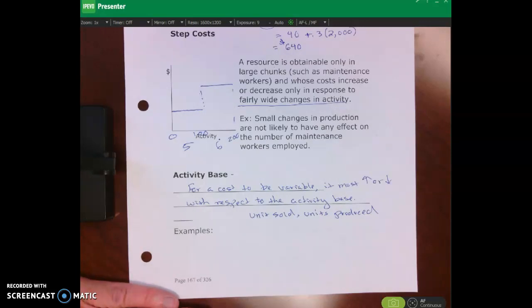Okay, so if you think about what's the activity base, what's driving the costs of the help desk? The number of help desk tickets, right? So as the number of help desk tickets goes up, the help desk might have to hire some additional part-time student workers to help them answer the phones and solve some of these help desk tickets.